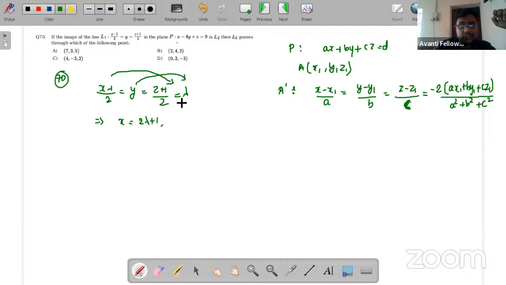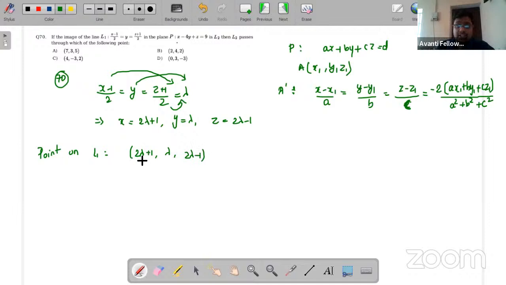Similarly, from these two, clearly y = lambda, and z from these two will be 2 lambda - 1. So any random point on line L1 will be (2 lambda + 1, lambda, 2 lambda - 1). So this is now acting as x1, y1, z1.